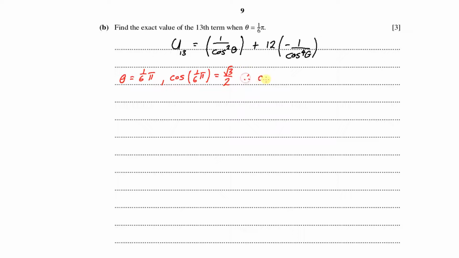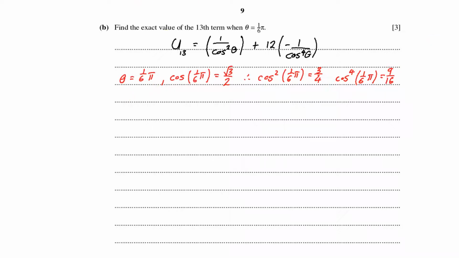And therefore, cos squared of a sixth pi should be us squaring this. So this should give us 3 over 4. And also, cos to the power 4 of a sixth pi should give us, we again square this, so we get 9 over 16.